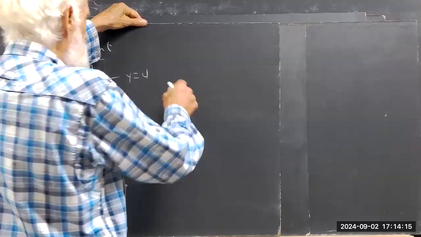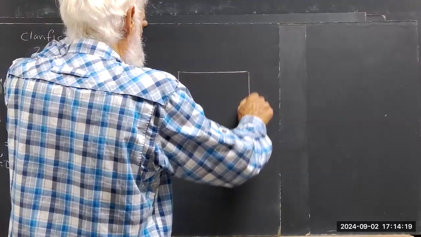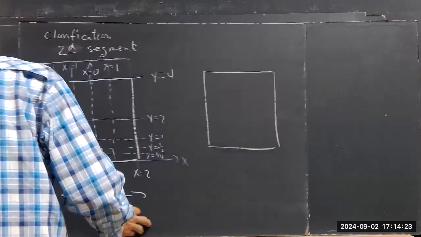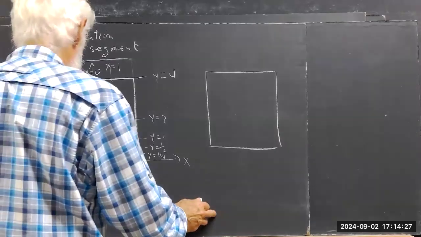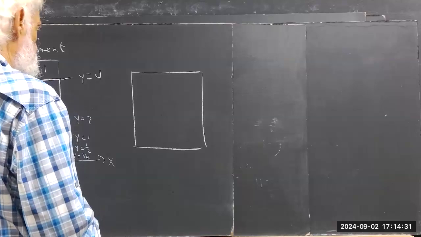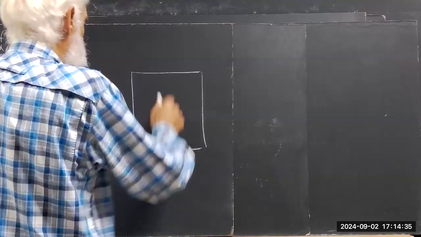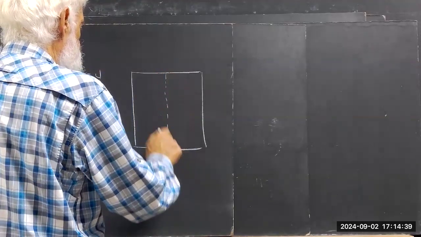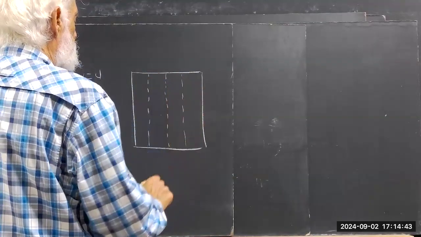Okay. So what we do again, we start with the boundary square or rectangle. And it's going to be 4 by 4 again. But this time, well, we're going to start with the same construction lines, the same vertical construction lines we used before.